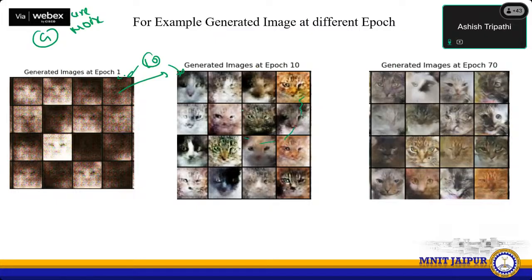It has some clarity, some visibility, and after 70 epochs, it may come in this form. So by the course of iterations, the model keeps on updating itself, and we have images of different categories. It is not necessary that we input the same category of images.